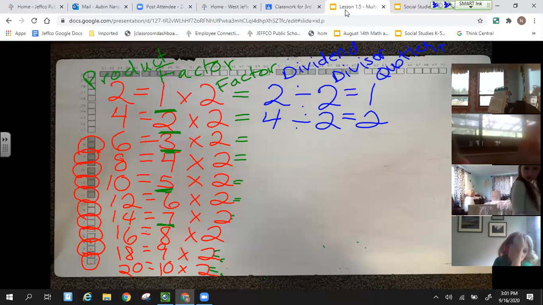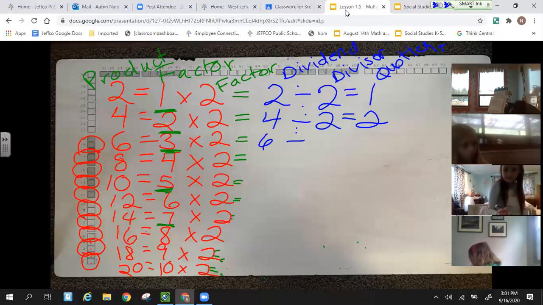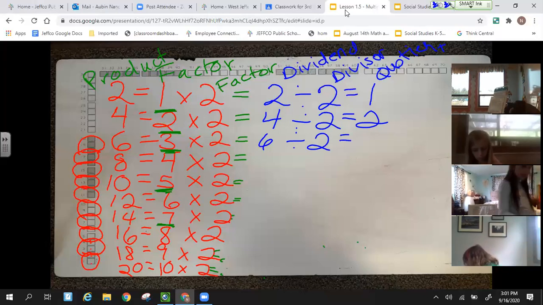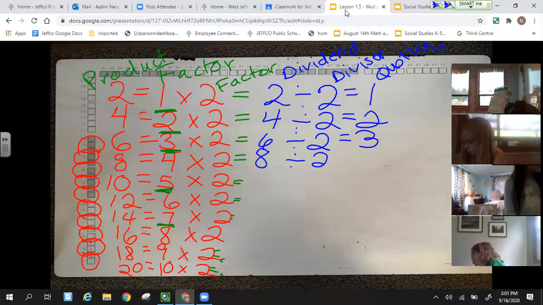Okay, so now we know 6 equals 3 times 2. 6 divided by 2 equals, microphone answer? 3. Excellent. If we know 8 equals 4 times 2, that's the same as saying 8 divided by 2 equals 4.